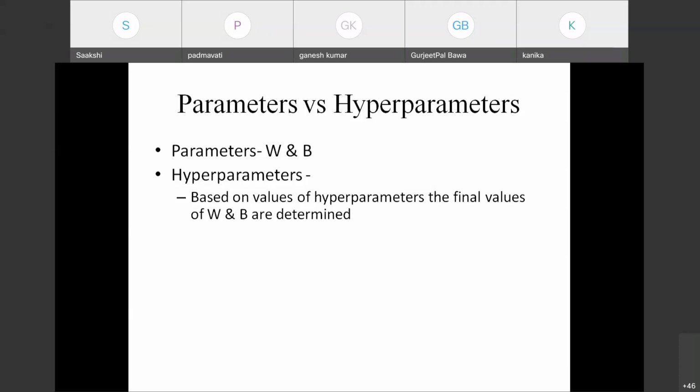This time, all of a sudden, my loss has increased to 0.9. So I should consider the previous weight values, correct? Why should I consider the previous weight value and not the current one? Because the current weight value is giving me a very high loss as compared to the previous weights.